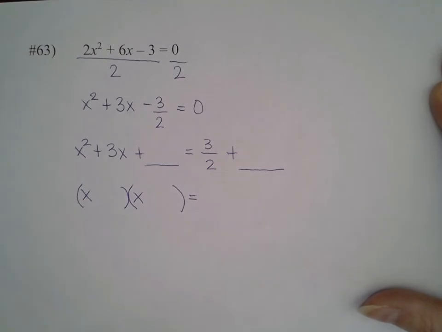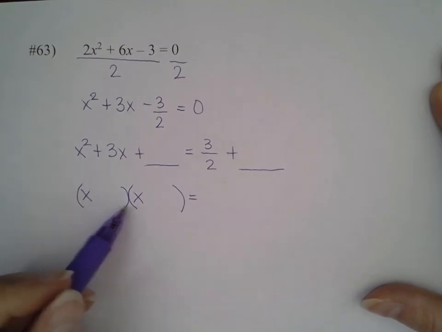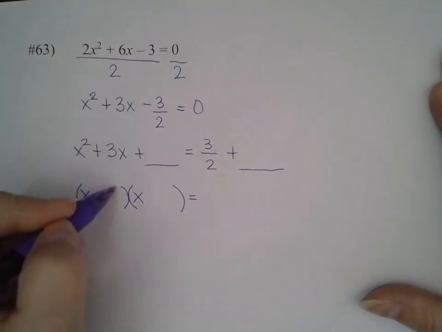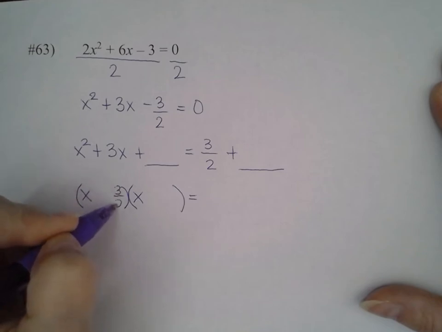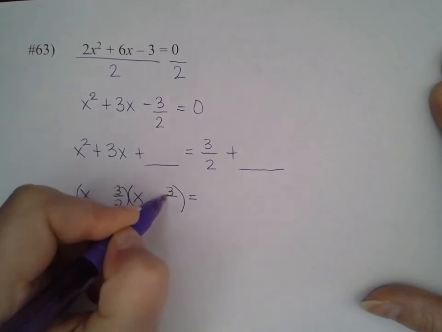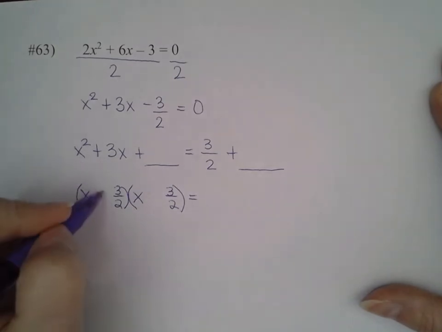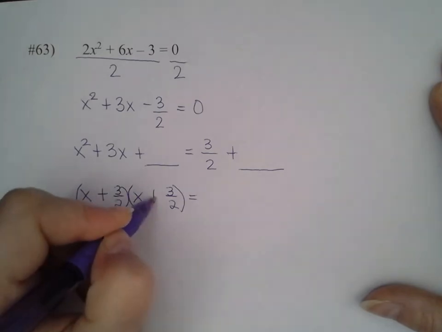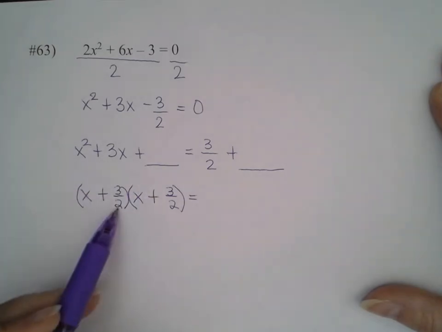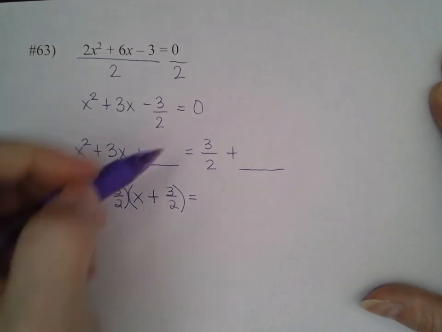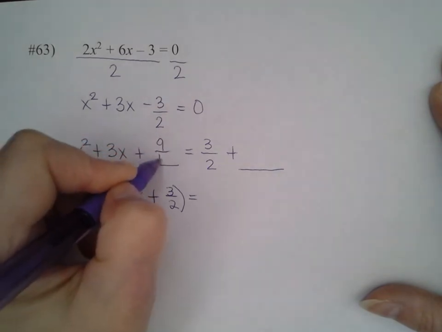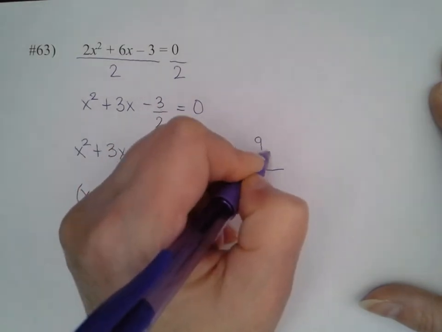If you're thinking in decimals, 1.5 and 1.5, okay, as a fraction, that would be 3 over 2, and 3 over 2 would add up to 3. The 3 here is positive, so both of these are going to be positive. And then 3 halves times 3 halves would be 9/4, and that's the number I want to add to both sides.